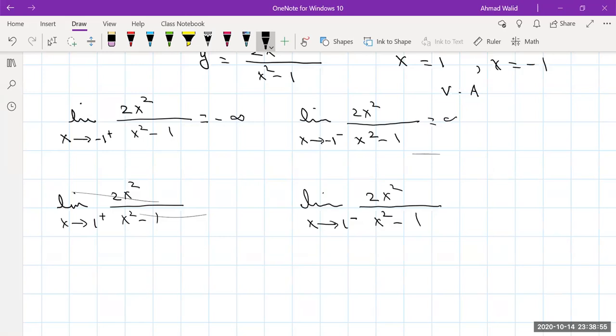You can deal with the table. You see this one goes to positive infinity. Around 1, here your function goes to infinity, and here your function goes to -infinity.